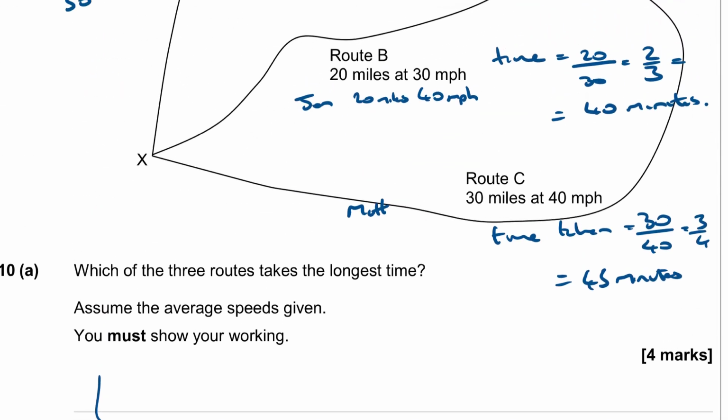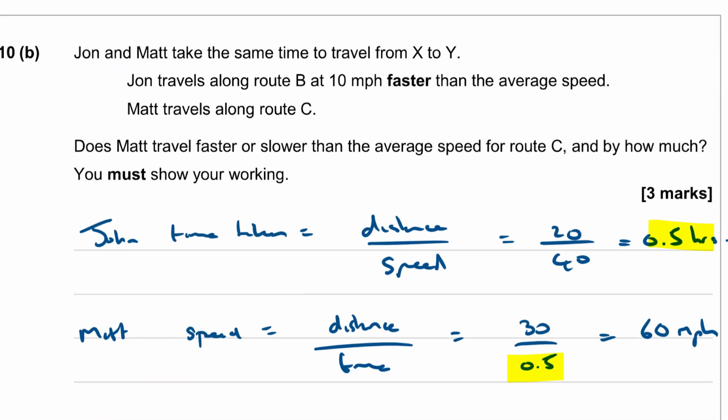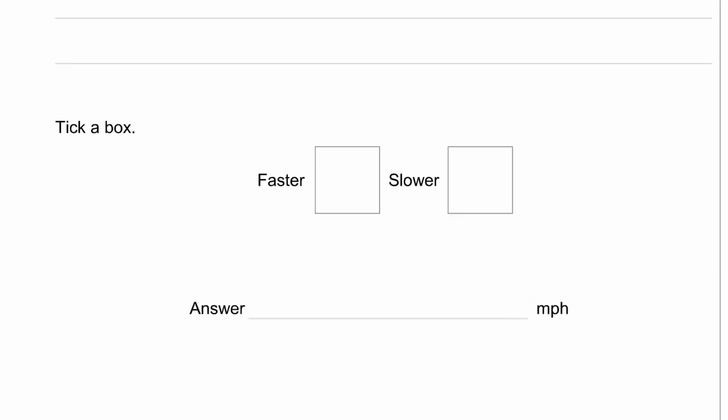So the route speed average was 40 miles an hour, so he's going significantly faster than that. So Matt is going faster by 20 miles per hour.